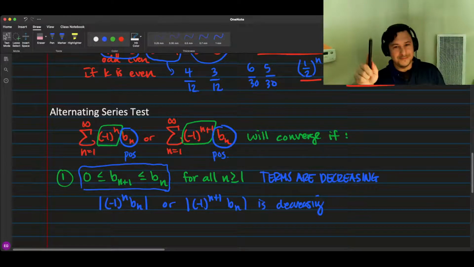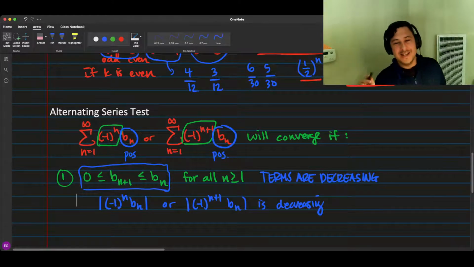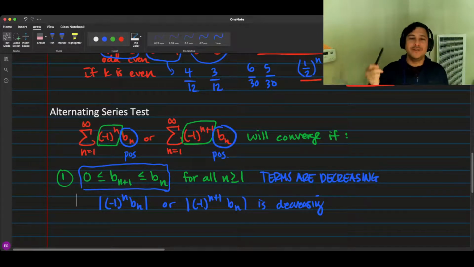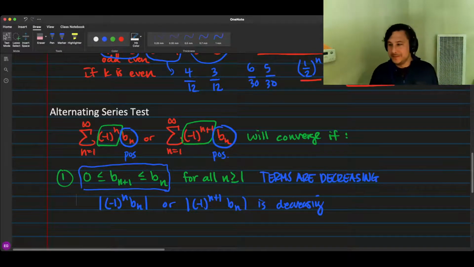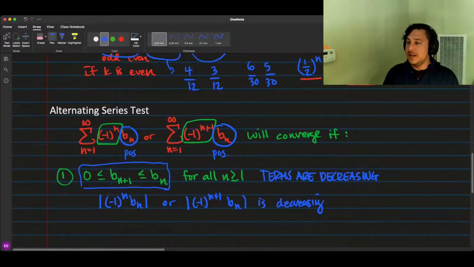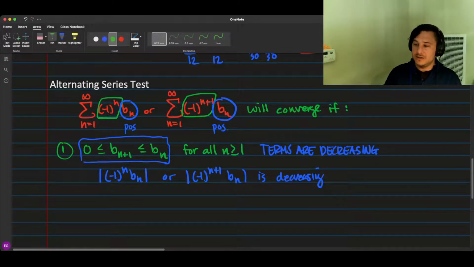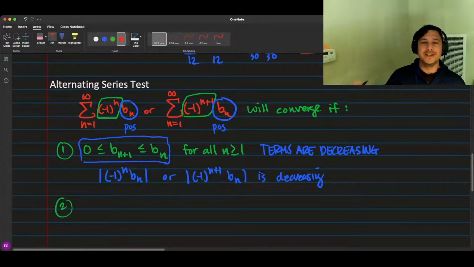But basically, yes. What you're thinking is intuitively correct, but technically wrong. Okay, so as long as your terms are decreasing, and 2, no, because remember the example that I came up with was not square roots.